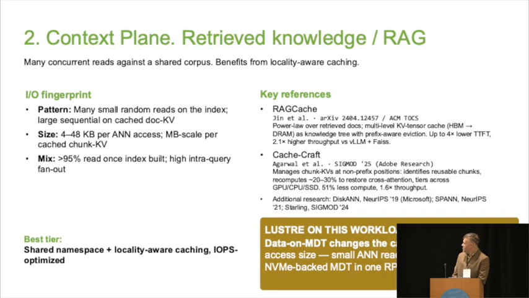The second workload is RAG. 3 years ago, I would say that Lustre is not a bad solution for the retrieved knowledge workload, but 2 years ago, I conducted research and measured Lustre under async I/O workload, and thanks to Data on MDT pattern, I believe that Lustre can be very good storage for such type of workload, but it's out of scope of my presentation today.